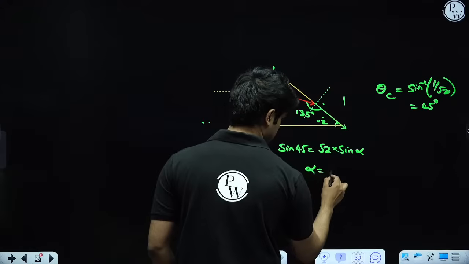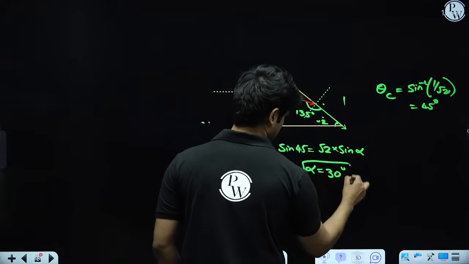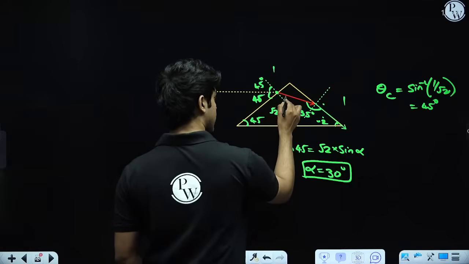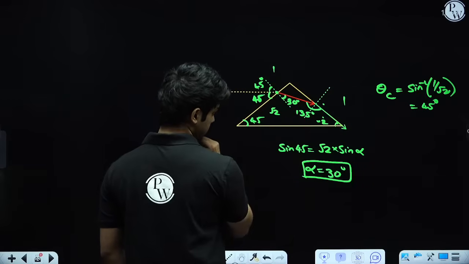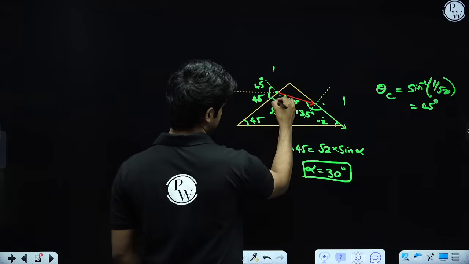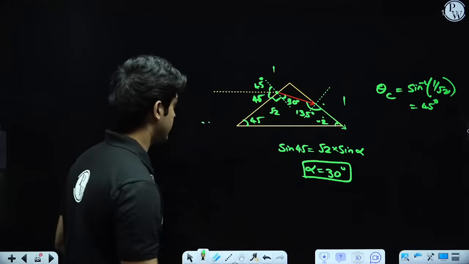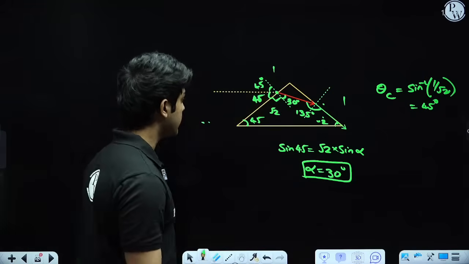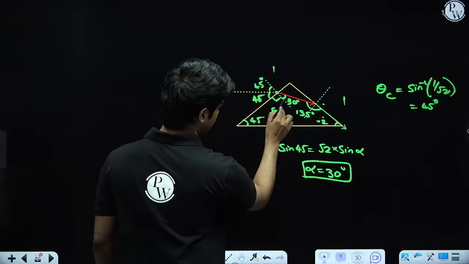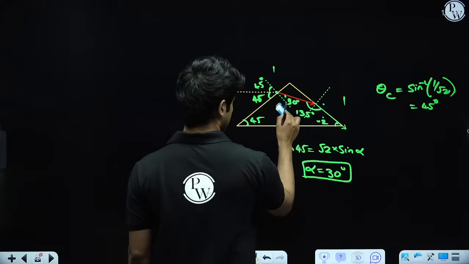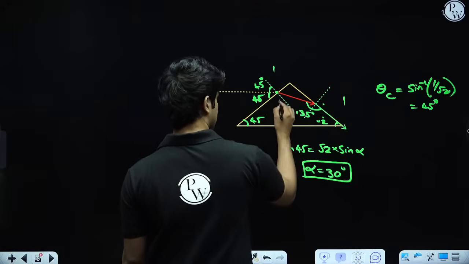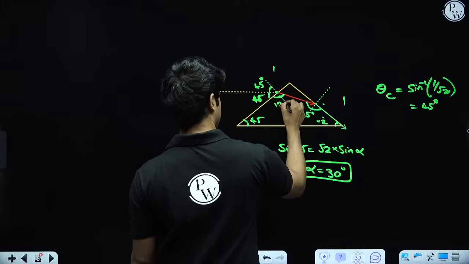So alpha is 30 degrees. The angle of refraction at this surface is 30. This angle is once again 90 degrees because it's the normal, which means this total angle is 120 degrees.